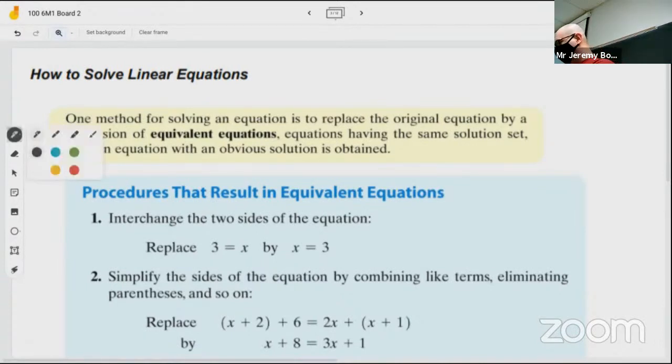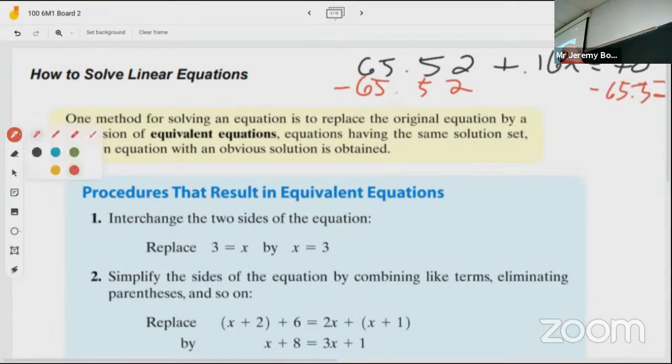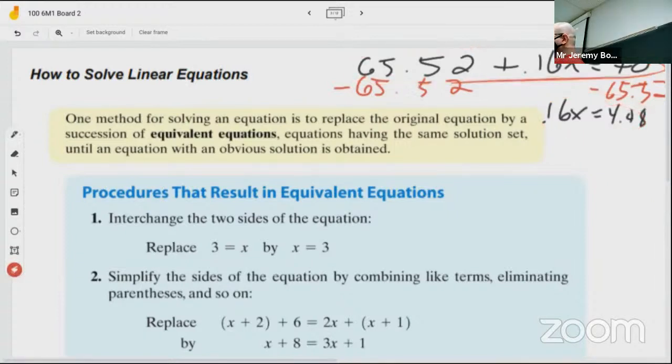What that is saying is that when we had our equation, 65.52 plus 0.16x is equal to 70, and we did that operation of subtracting 65.52, we did it to both sides of the equal sign. So what we end up with, I believe, 0.16x is equal to 4.48, is an equivalent equation to what we began with.